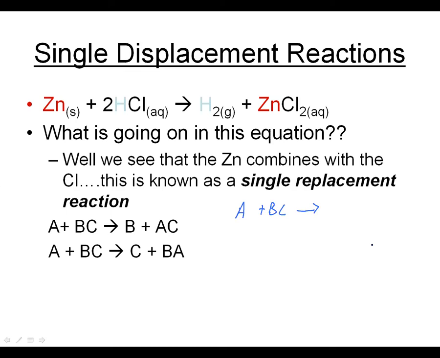So in this reaction, a metal over here has no charge to begin with. But remember, when metals get a charge, they do become positively charged. So they will come in and they will kick out the positive guy. And when they kick out the positive guy, a new ionic compound will form where the metal will gain a charge and come together with the C. And then the metal that was originally there, we will get a new ionic compound.